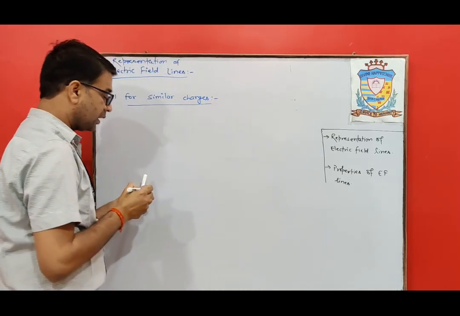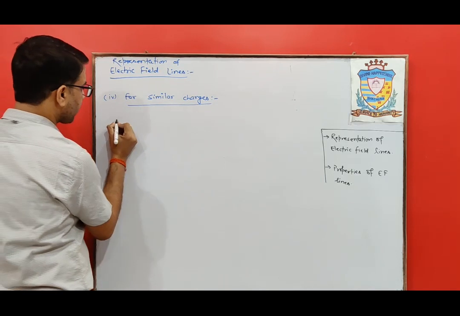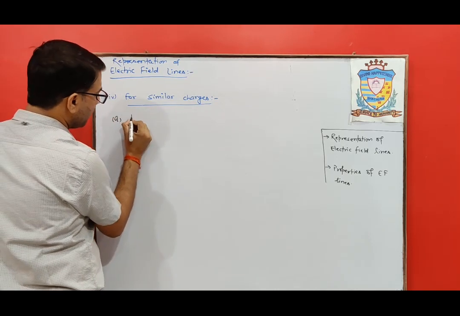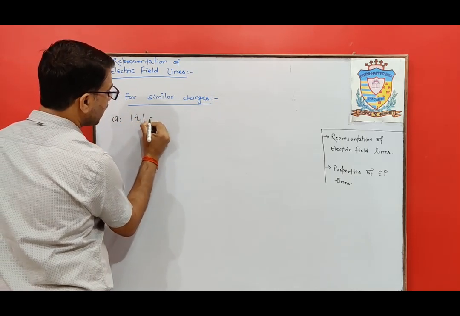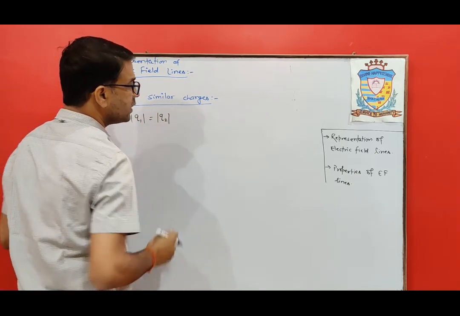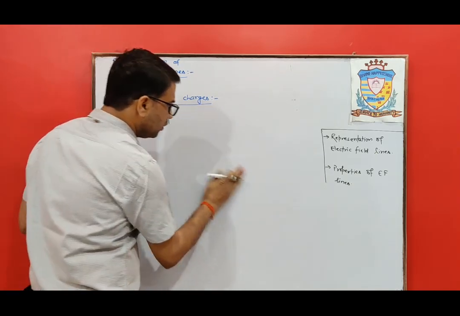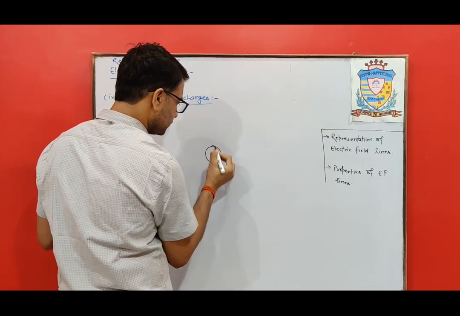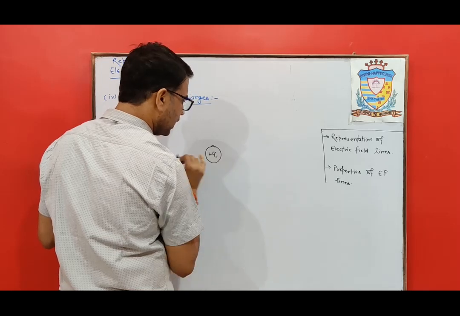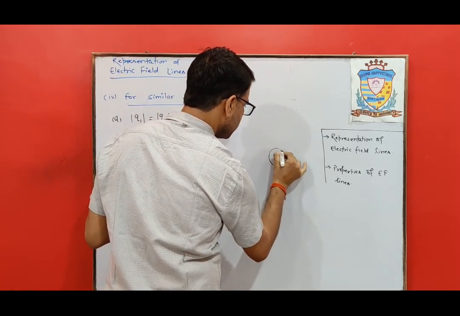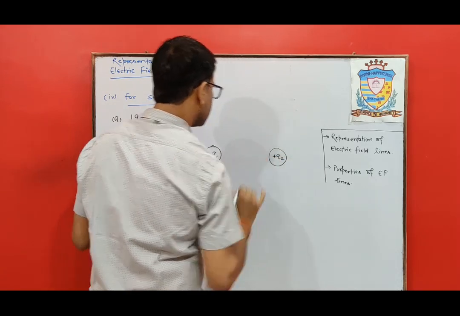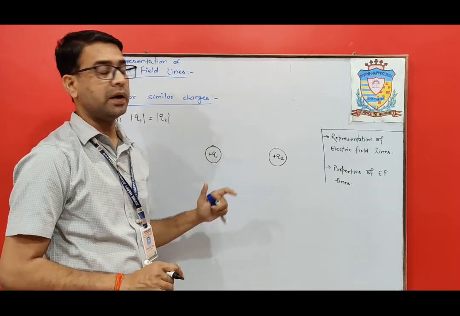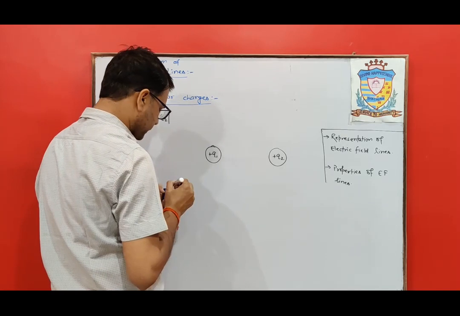Here we have two different conditions. First case, or case A, where the magnitudes of both the charges are equal, that means Q1 is equal to Q2. So in that case we have plus Q1 and plus Q2; either both will be positive or both negative. Clear?